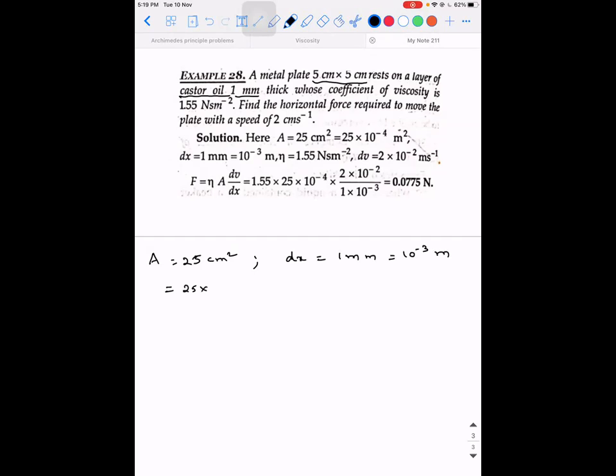So 25 centimeter square is 25 into 10 power minus 4 meter square. Its coefficient of viscosity is 1.55 Newton second meter power minus 2. So eta is equal to 1.55 Newton second meter power minus 2. Find the horizontal force required to move the plate with a speed of 2 centimeter per second. So dv is 2 into 10 power minus 2 meter per second.